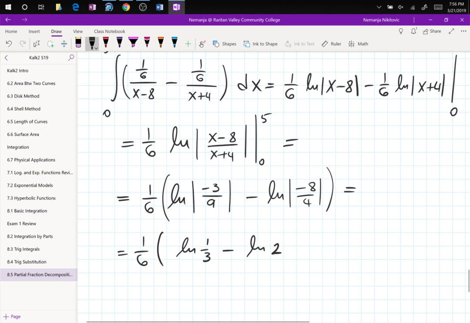Absolute value kills the negative. And now we combine this. So this is 1 over 6 ln of 1 over 6, right? Because it will be 1/3 divided by 2. Half of 1/3 is 1 over 6. Okay, I like it. If you want decimals, just punch this in the calculator.